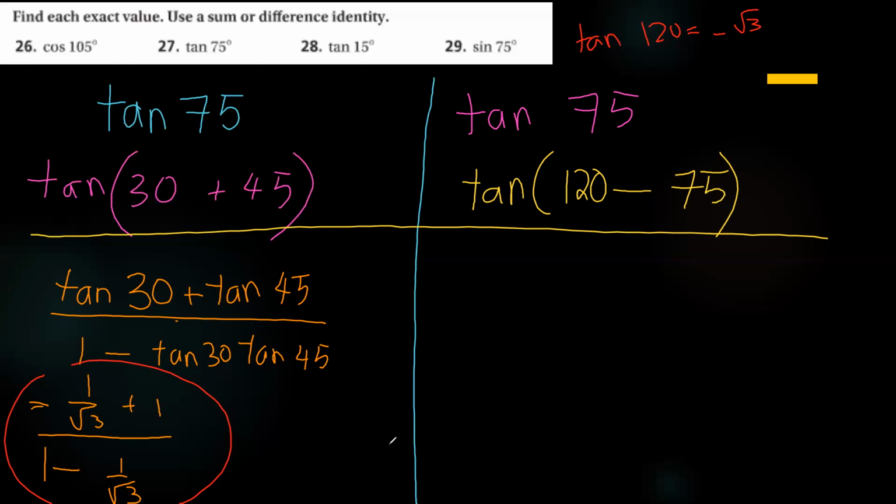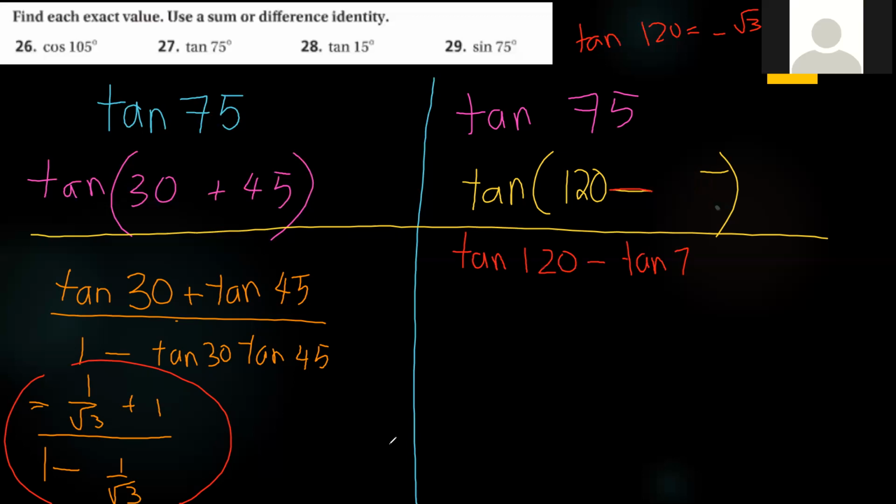Since we have a minus sign, tan of 120 minus tan of 45. Sorry, it's 45, not 75.